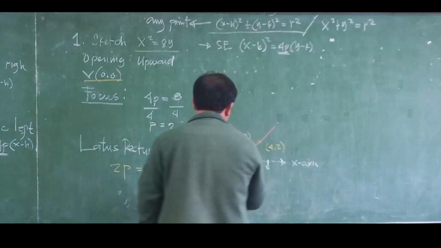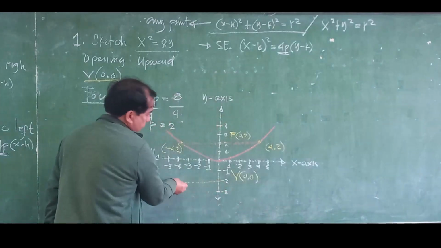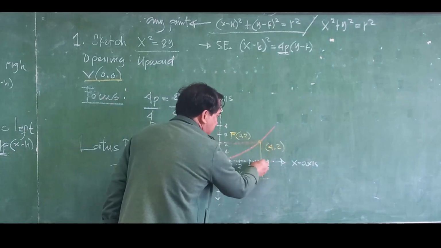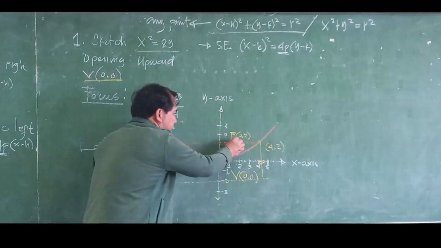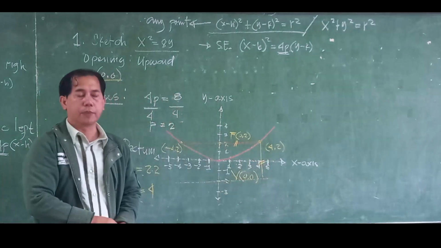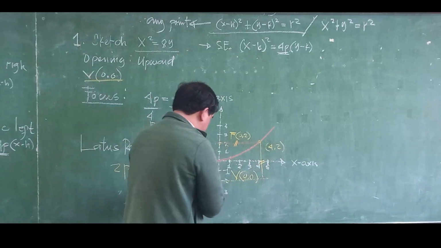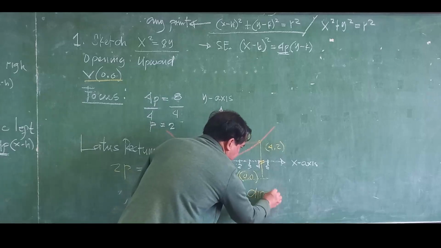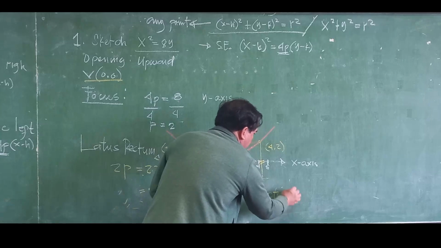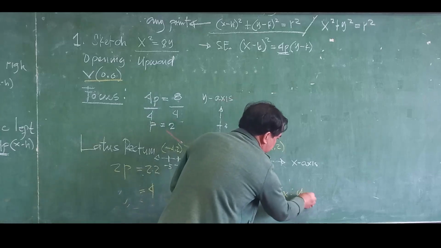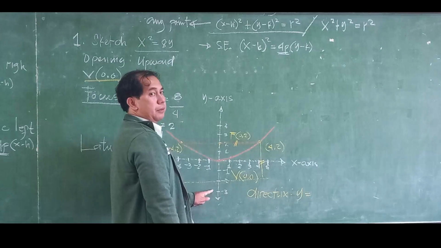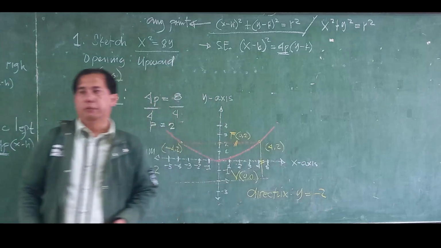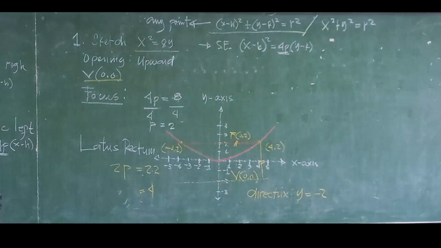Okay? Meaning, we have now the directrix. We have in here, this part must be equal to that one. And what would be now our directrix? The directrix is y equals negative 2. Okay? Negative 2.